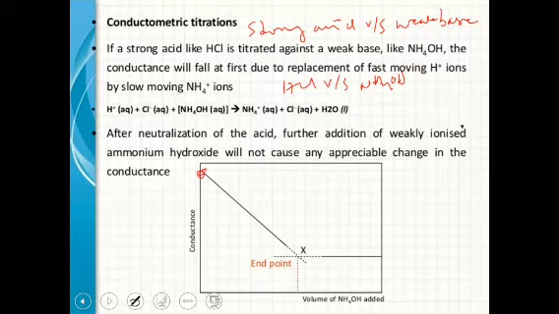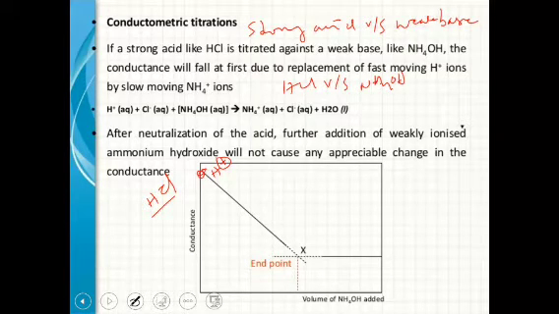Initially, it will show a high conductance value because there is a strong electrolyte, HCl, and the presence of H plus ions of the HCl. While adding a weak base, ammonium hydroxide, to the HCl, what happens?